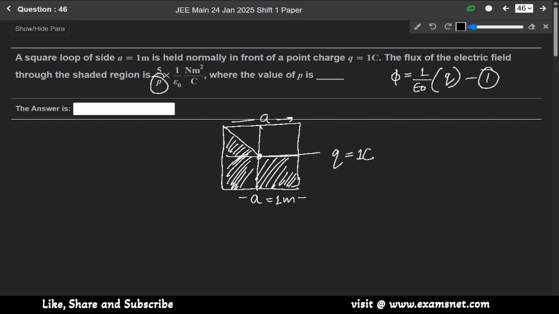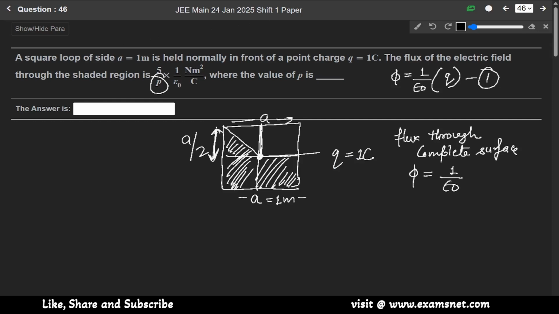This is A, and this distance is A by 2. So if this is the center charge Q equals 1 coulomb, and this distance is A by 2, then for a square the flux through the complete surface will be 1 over epsilon naught times Q by 6. This is the flux through the square.